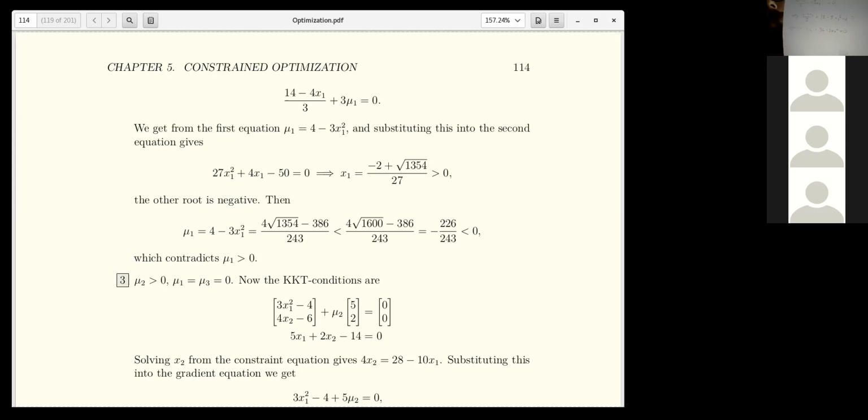You substitute this in here in place of this, you get this. Then you multiply this whole thing by 3 to get rid of that, then you get this equation. And then you just multiply this by -1 and rearrange it, so you get this.